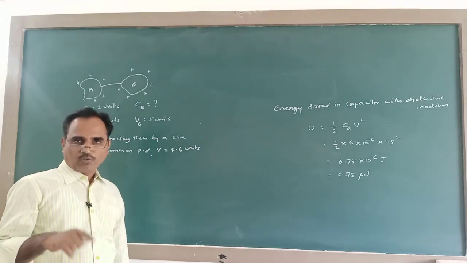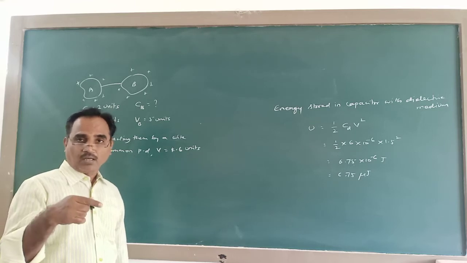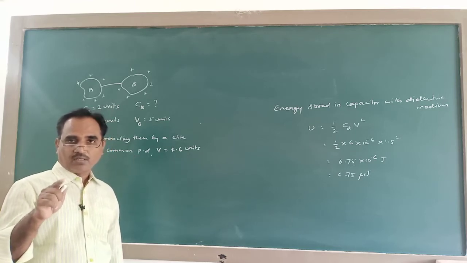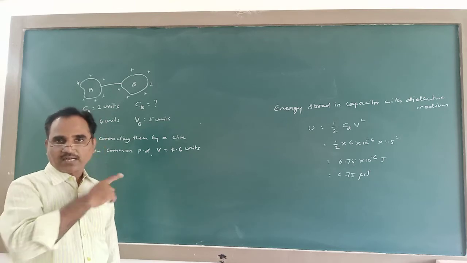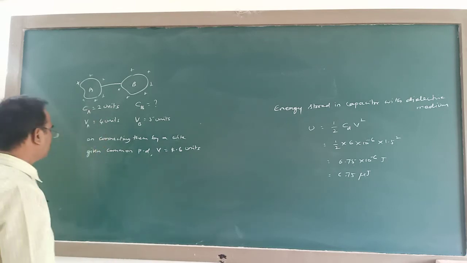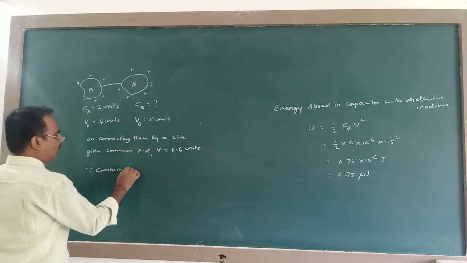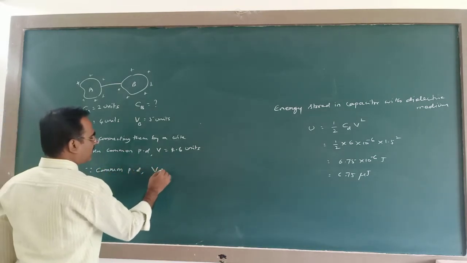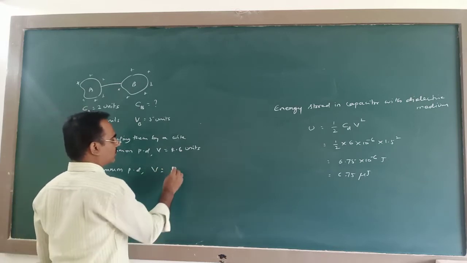See, in the theory I told you that when two charged capacitors are connected in parallel, I have given the formula for common potential difference. So instead of capacitors, here conductors are used. So common potential difference V is equal to total charge divided by total capacitance.